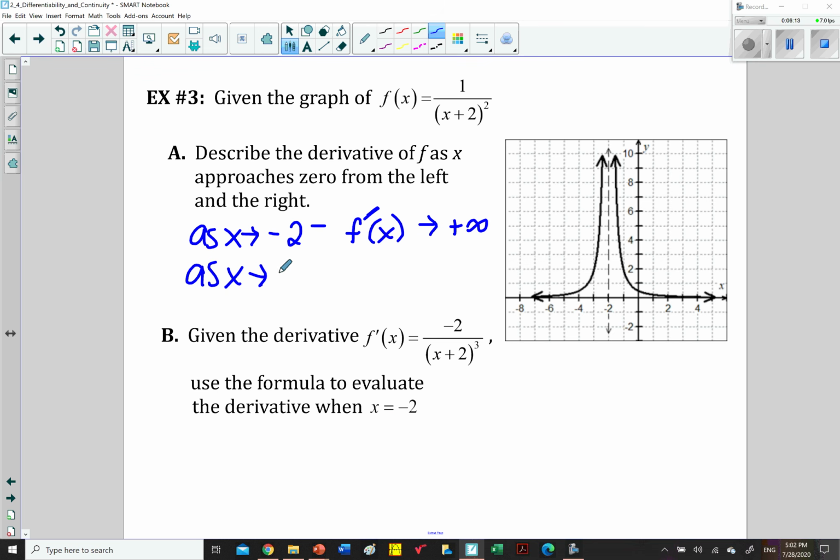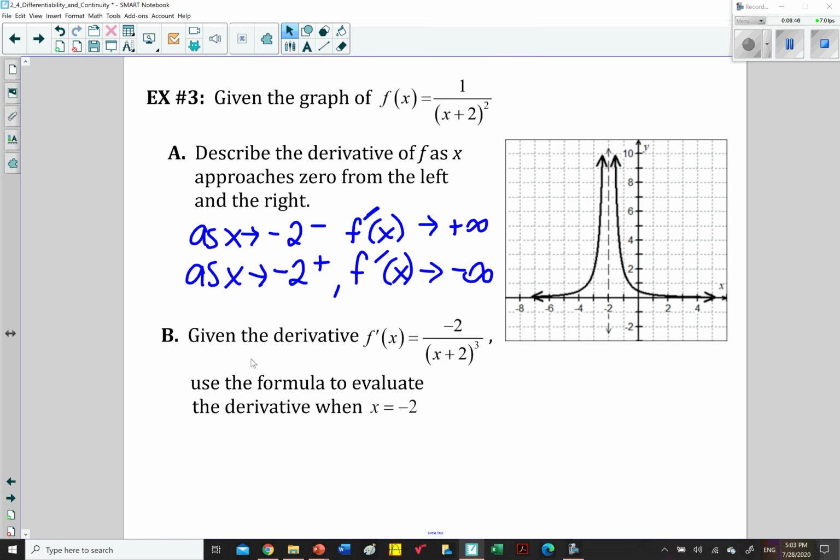And as x approaches negative 2 from the right, the derivatives, what are they doing? These are getting positive slopes. These are getting negative slopes, but more negative. Therefore, we can say f is not differentiable at negative 2.